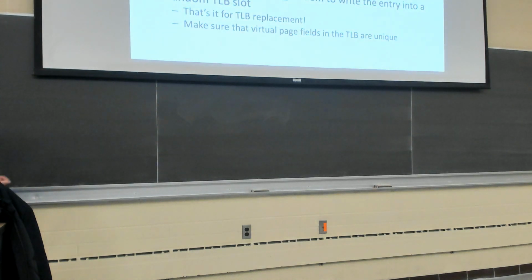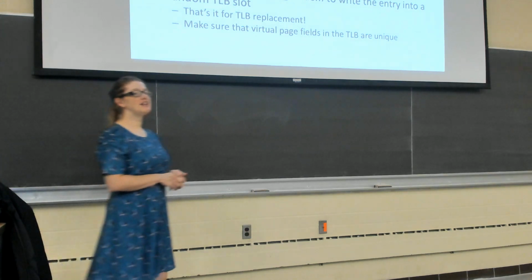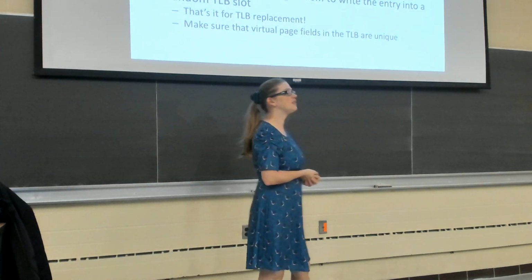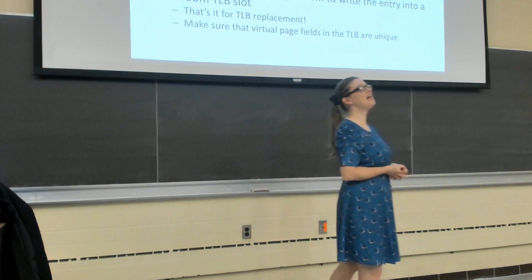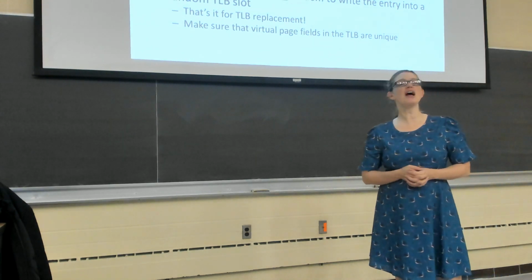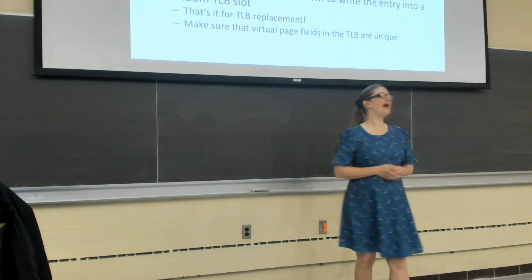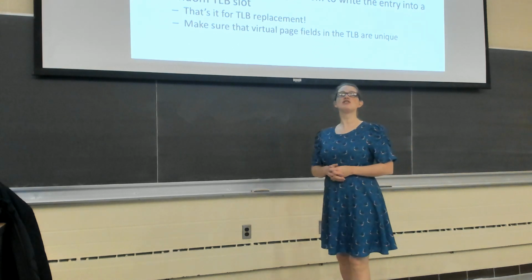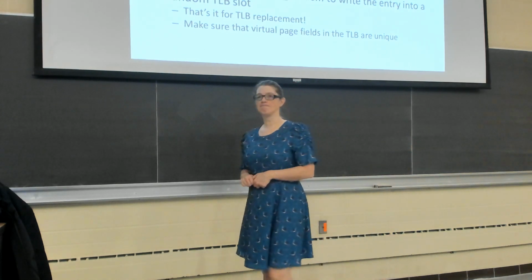All right, so the first thing that you need to do, and this is actually the easiest part of the whole assignment, you can do it right now, and you can pass the very first test, and that is to fix the TLB problem. So right now, if our TLB is full, we panic and die.